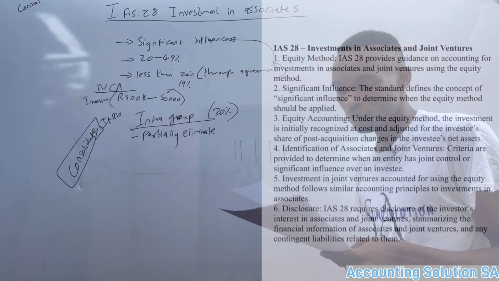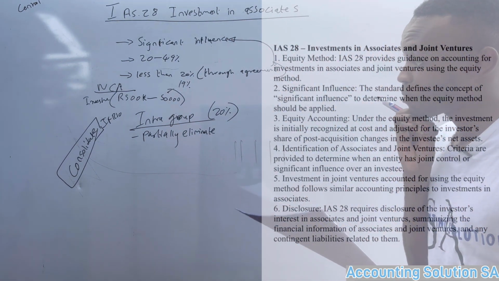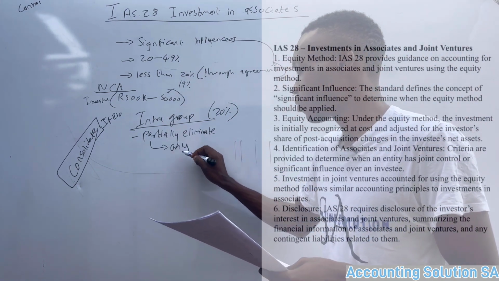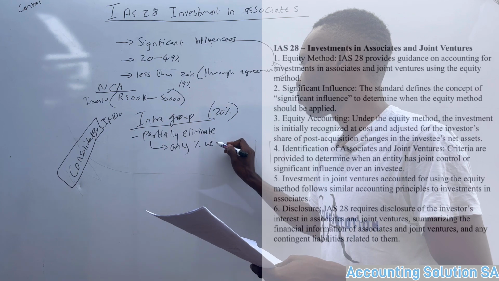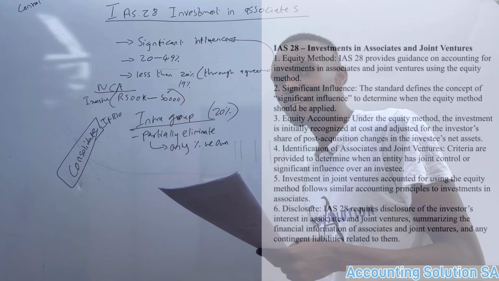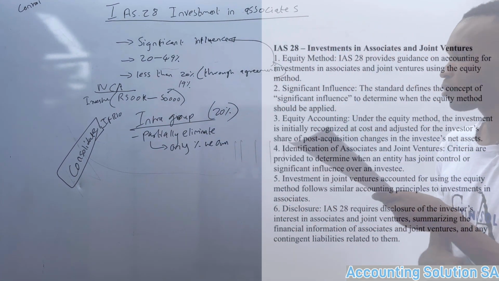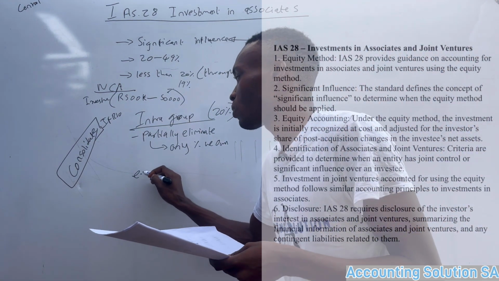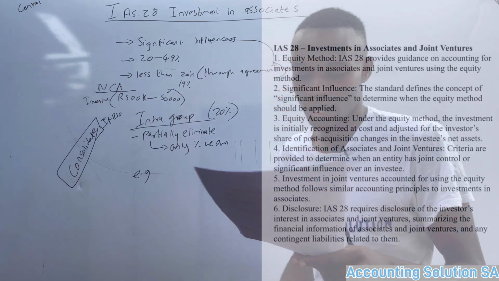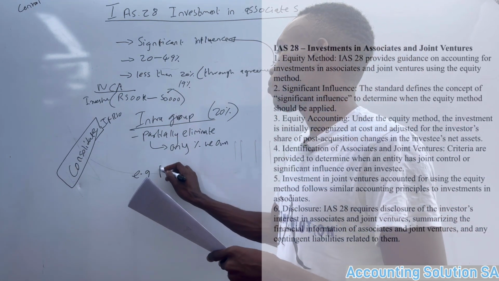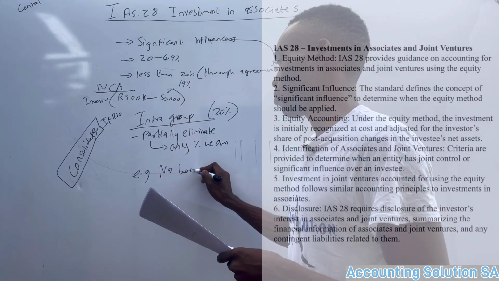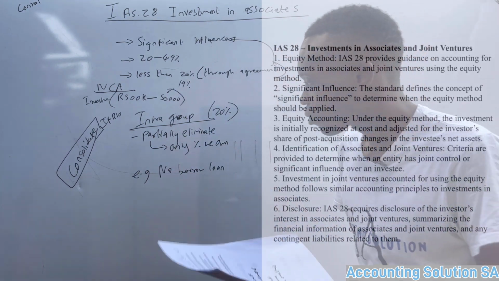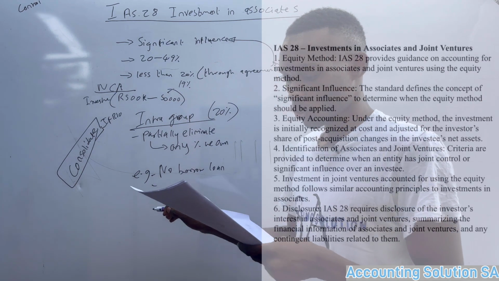When we say partially eliminate, we are saying that we eliminate only the percentage that we own. This example is similar to the one we did under IFRS 10. Number one, no borrowing of loans: you are not allowed to borrow from each other inside the group.